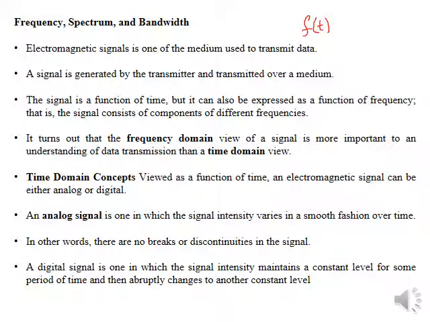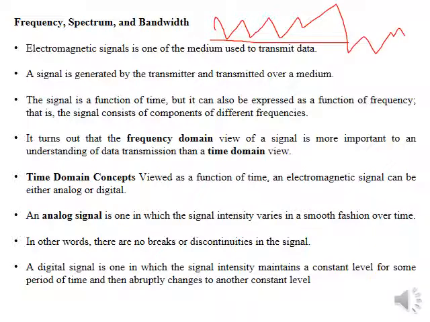So when we see the function in time, like we have this wave, this is the wave or signal with function of time. So we can see at any particular time we can have a value of the signal.